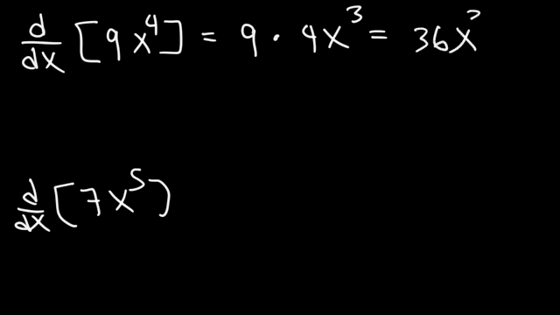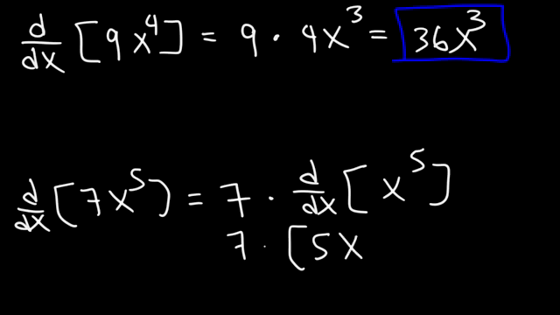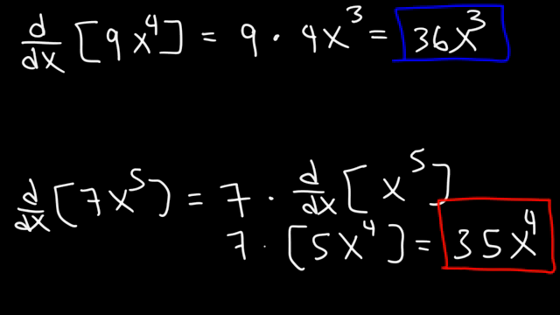So the answer is going to be 36x to the third power. For the next one, it's going to be 7 times the derivative of x to the fifth, which is 5x to the fourth power. And then 7 times 5, that's 35. So you get 35x raised to the fourth power.